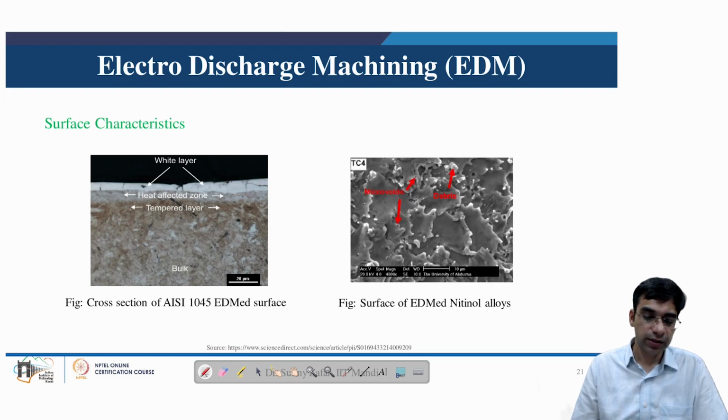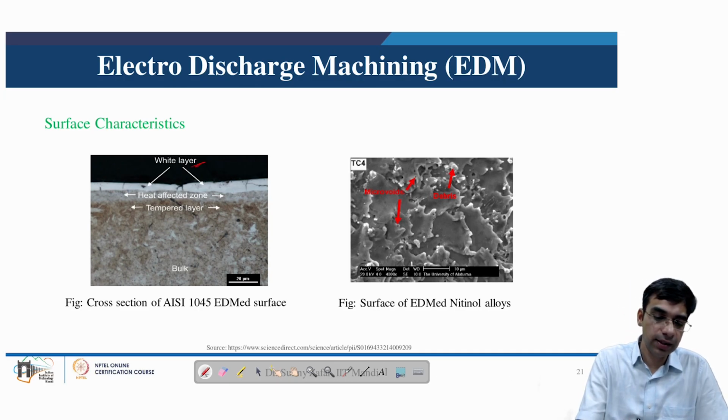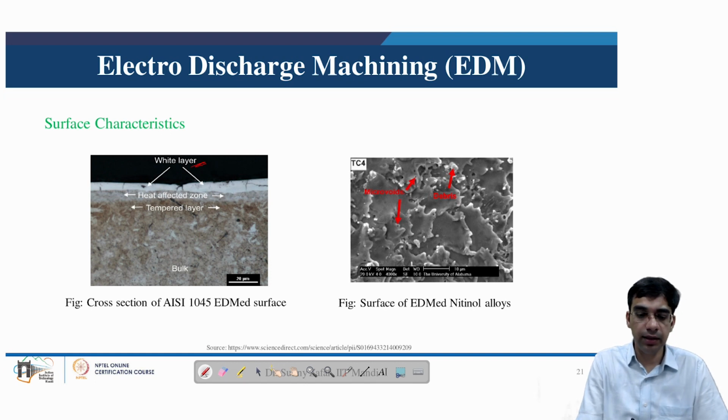Here we can see the cross section of the low alloy, low carbon steel, where we can see the presence of this white layer, which is the recast layer. As this layer suddenly cools because of the incoming dielectric, we can see presence of certain pores and vertical micro cracks. Just below this recast layer, we can see this thin layer of material which is having a different color, which is indicated by the heat affected zone, and below which we have the tempered layer.